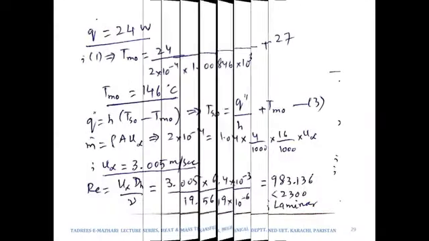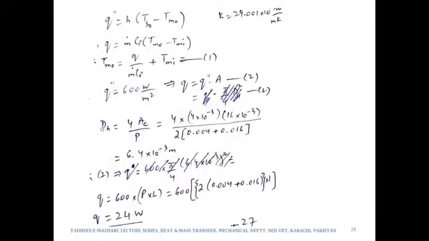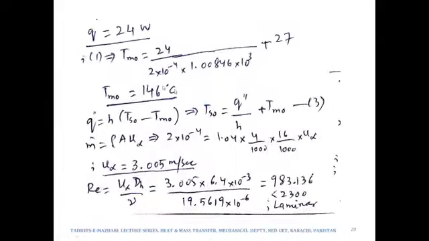We were trying to calculate the mean temperature so that we could determine the value of Cp. Now if you assume the outlet temperature as 100 degrees Celsius, just for the sake of the calculation of Cp, we would be able to get the Cp at the mean temperature, where the mean temperature would be the mean of Tmi and Tm naught.